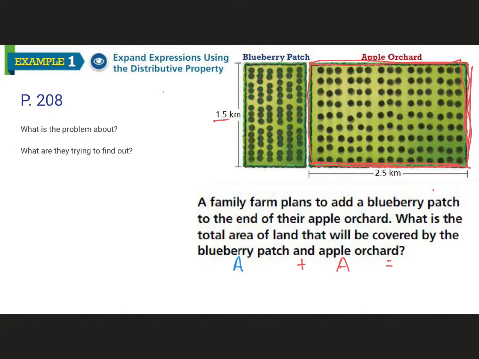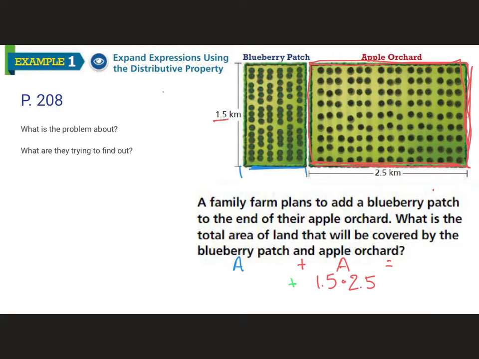So I can find the area of the apple orchard by doing 1.5 times 2.5, and that'll give me the area of that piece. I also need to find the area of the blueberry patch. The problem is they don't tell us this length, so I'm going to give this a variable.